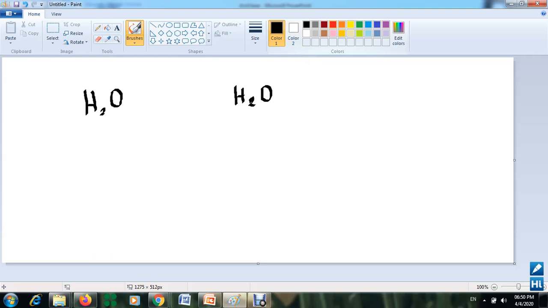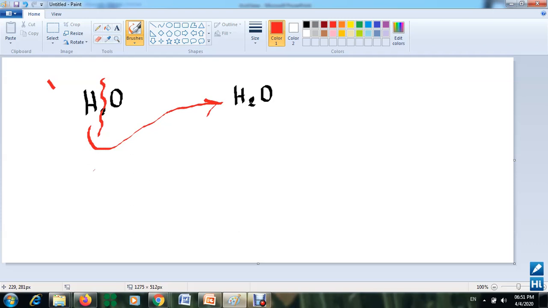What does that mean? If you have this first molecule H2O, number one, sometimes the water molecule will break apart like this, and it will give a hydrogen ion to another water molecule.